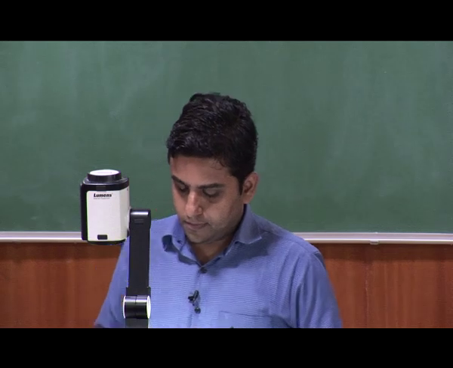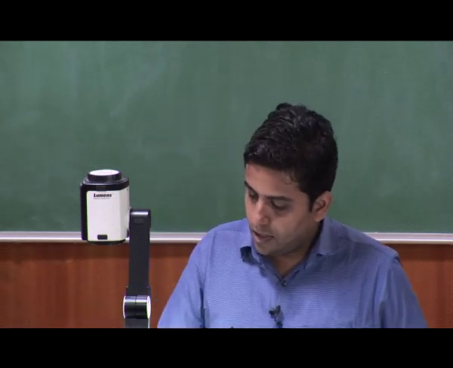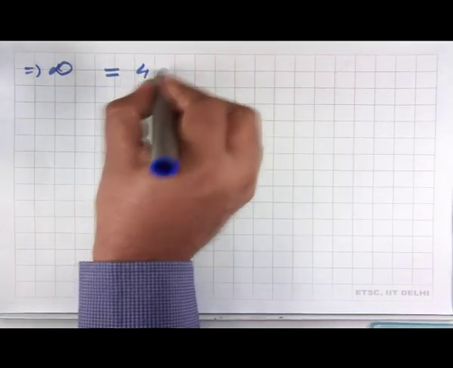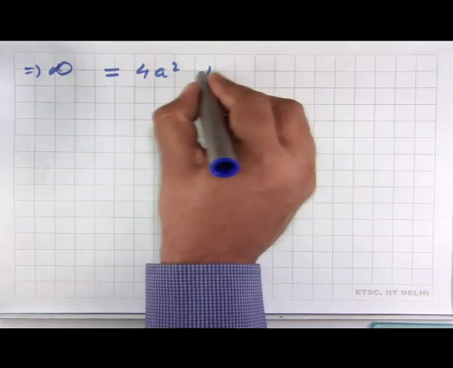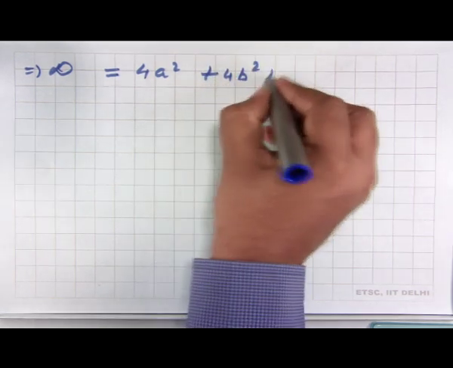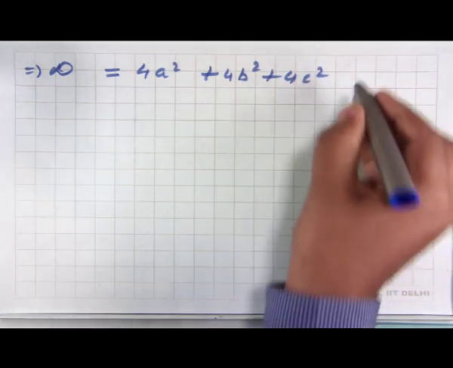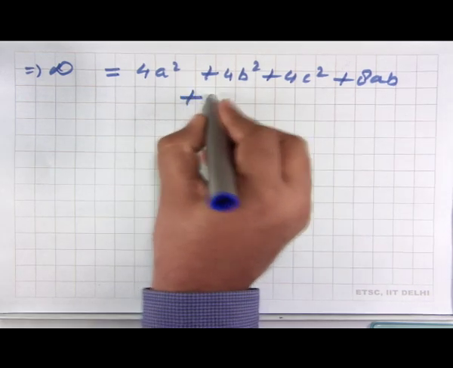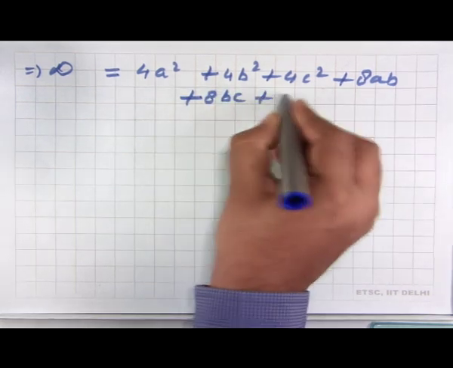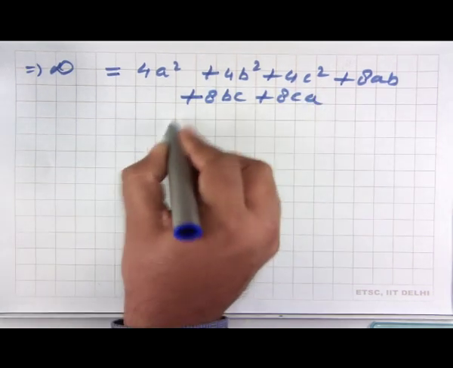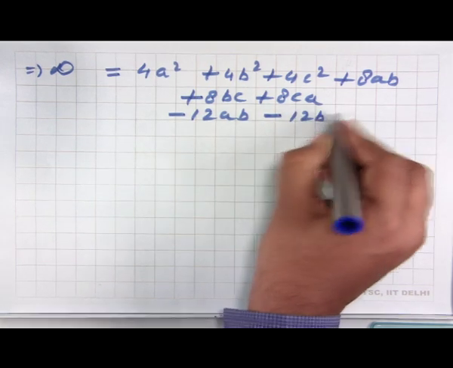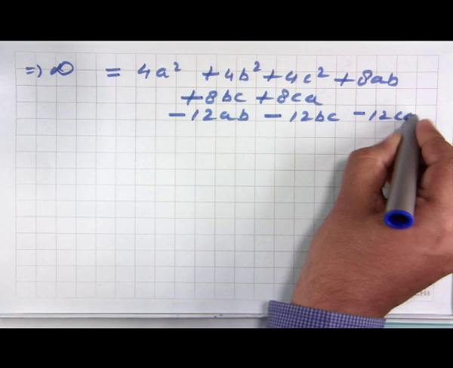Now it will be d equal 4a square plus 4b square plus 4c square plus 8ab plus 8bc plus 8ca minus 12ab minus 12bc minus 12ca.